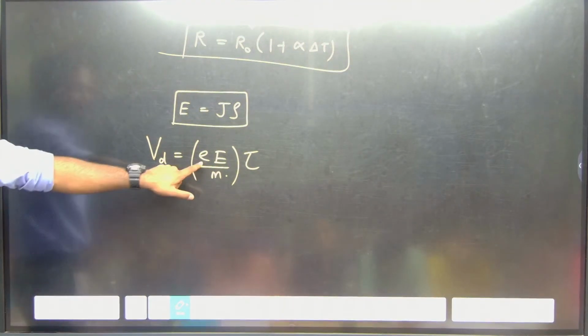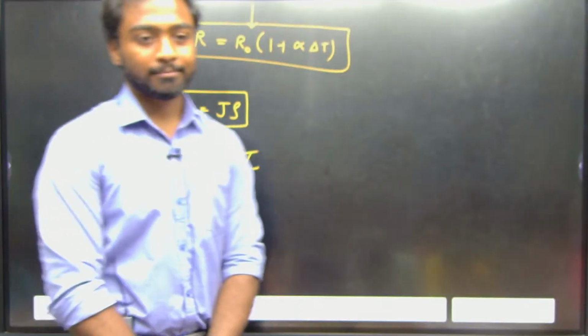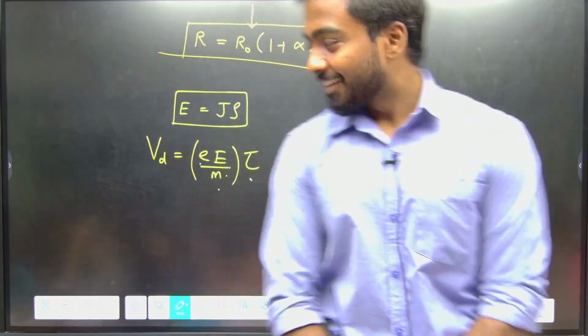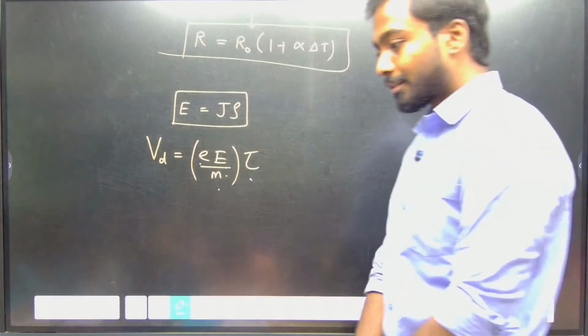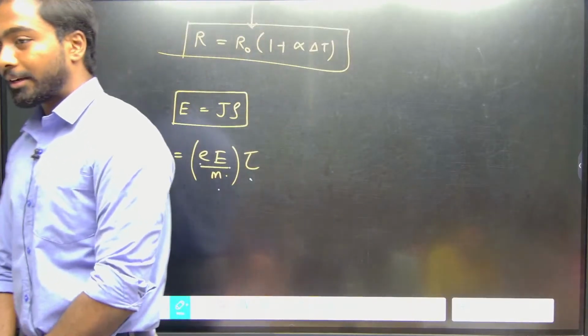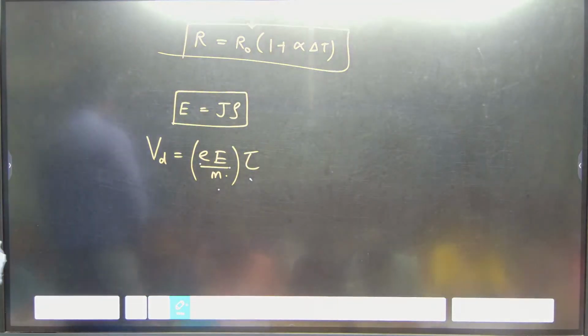Here e is 1.6 into 10 power minus 19, capital E is the electric field, m is the mass of the electron, and tau is the relaxation time.